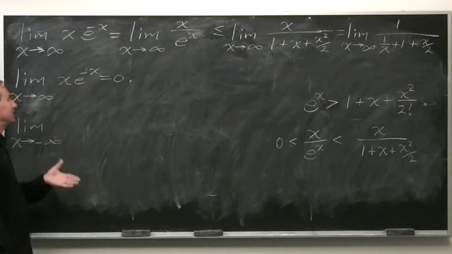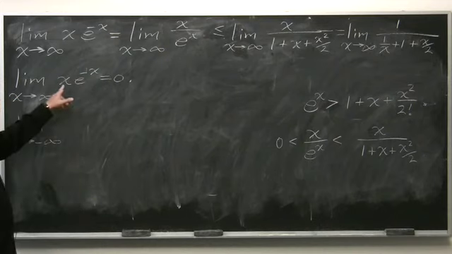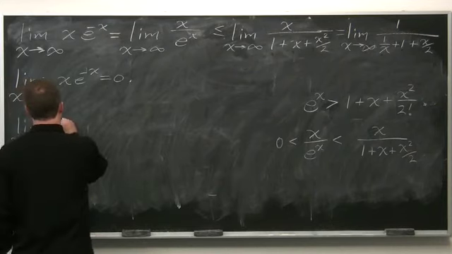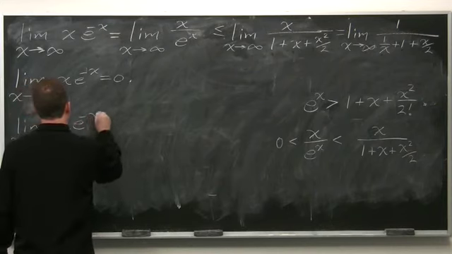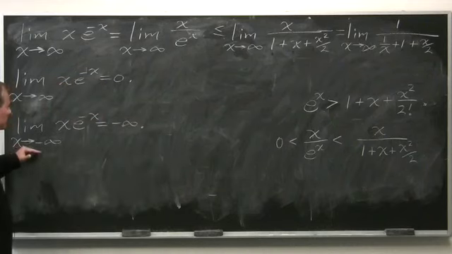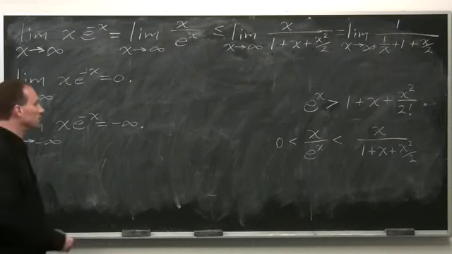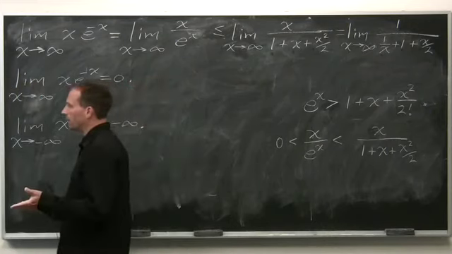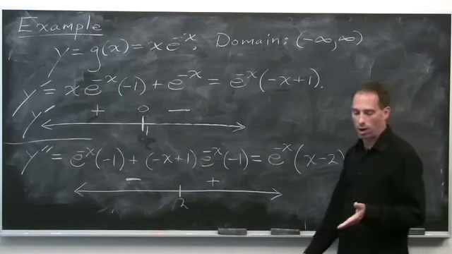E to the infinity, that's infinite, times minus infinity. Minus infinity times infinity, minus infinity. So this limit is minus infinity. That doesn't mean there's an asymptote, but it's still important to note that as x goes to minus infinity, our function goes to minus infinity. You can check. This function is neither even nor odd.